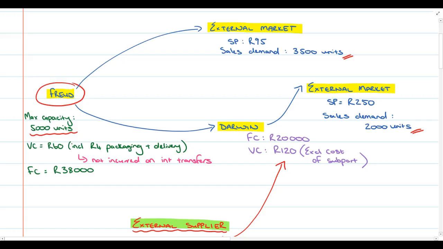So if they have to transfer 2,000 units to the Darwin division, they will not be able to sell 3,500 units externally. They will only have spare capacity to sell 3,000 units externally. So they are going to have to sacrifice 500 units of their external sales. So we definitely have an opportunity cost over here. And that is the only difference in this calculation.